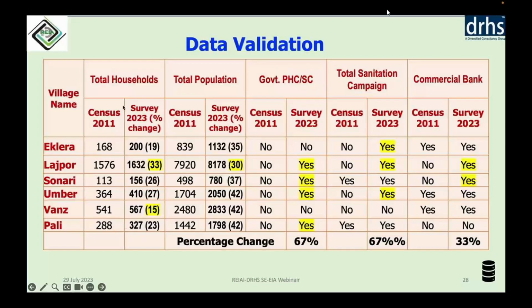So we started collecting this data, and I have shown you these two variables. These two variables we used to ask the people, and these two variables we used to observe. Is there a commercial bank or not?